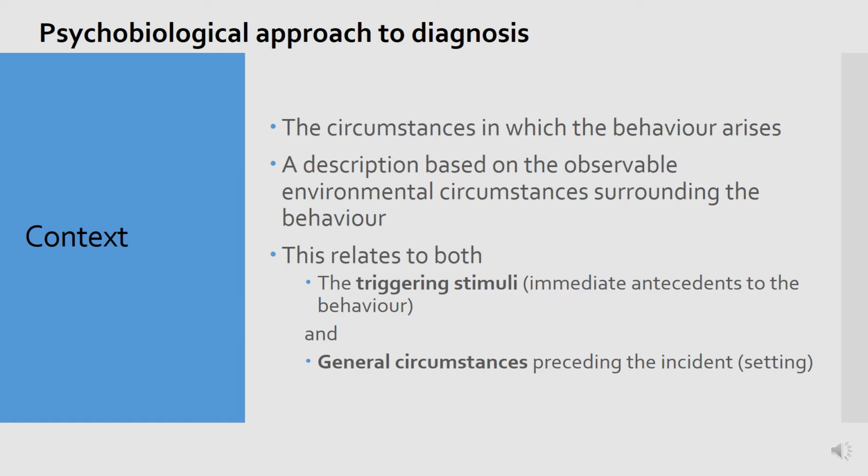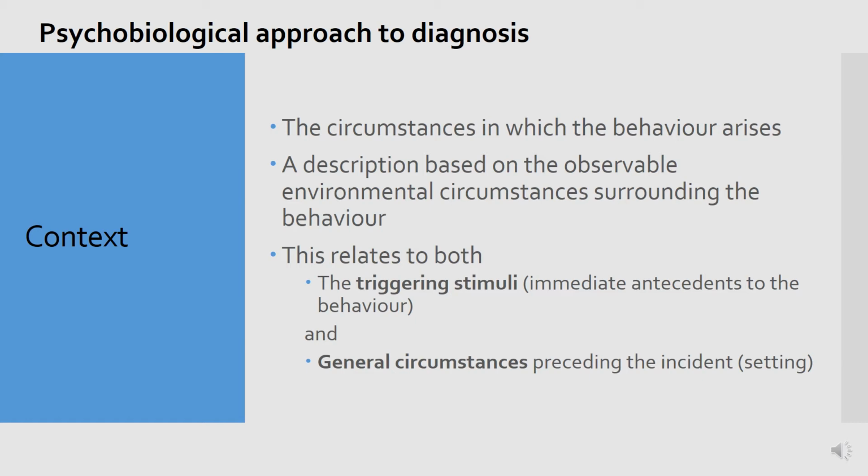So let's consider each of these in a little bit more detail. We'll consider first the issue of context. As I've already indicated, the context refers to the circumstances in which the behaviour arises. And it is based on observable environmental circumstances surrounding the behaviour.